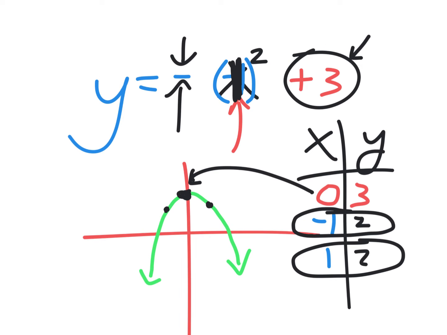It like matches up with my sketch of where I thought it was going to be. Okay? Do you get that this is parent functions that have reflections, that's the negative, and have been moved? That's called a translation.